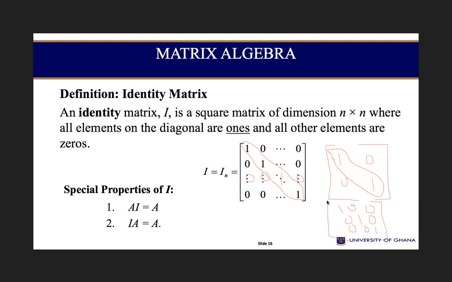What it basically means is that this identity matrix, when multiplied by any matrix, you get the same matrix.